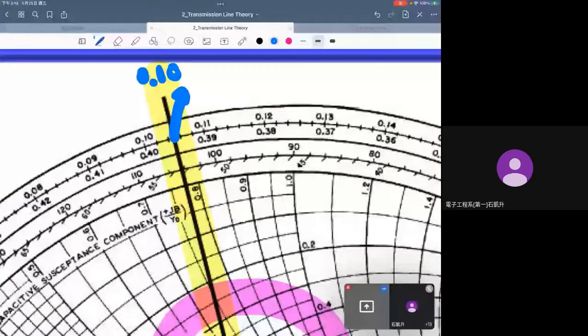Is that correct? 0.105. Okay. You can check that on your Smith chart, 0.105. I know it is very hard to read, but this is just the classic method to use the Smith chart to find the answer. Okay, you need to read this number.